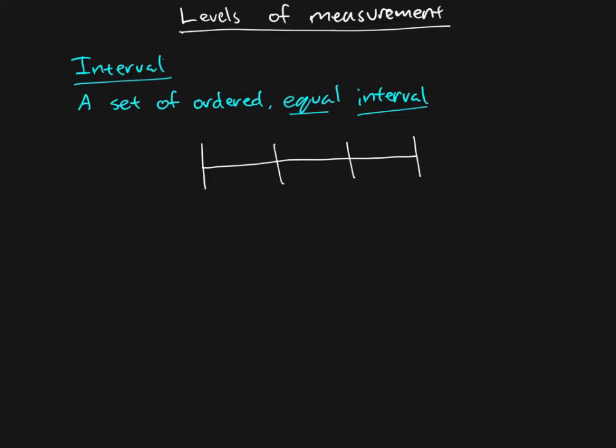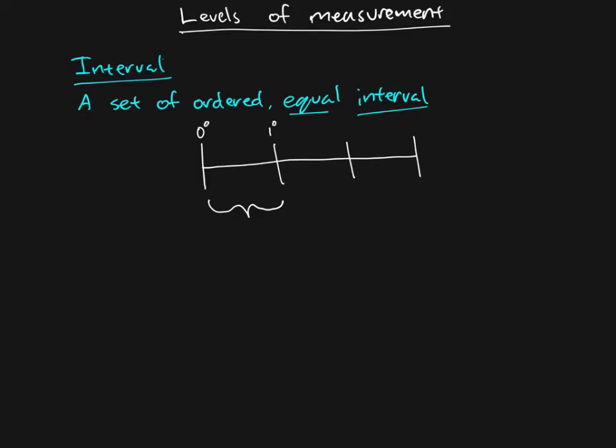So each of these is an interval, right? And they're ordered in the sense that we can number them. So this could be 0 or 1, 2, 3. I'm going to start with 0. I'm going to make this a temperature scale. So this will be 0 degrees Celsius.